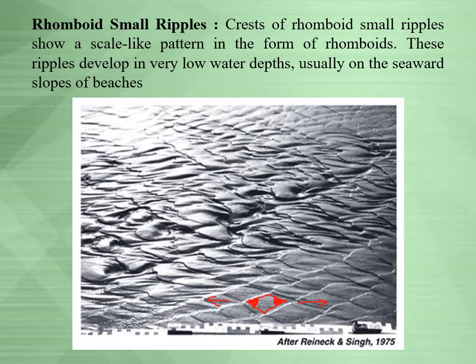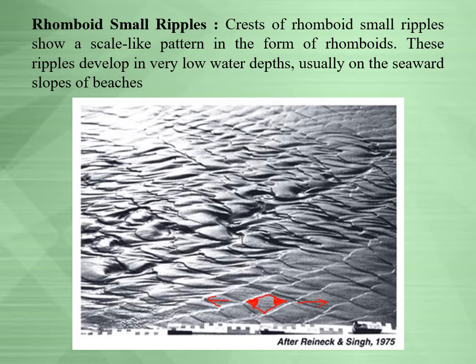And these kinds of ripples are formed when the water depth is very low, shallow water depth condition. Generally it forms in the beaches and particularly on the seaward side.